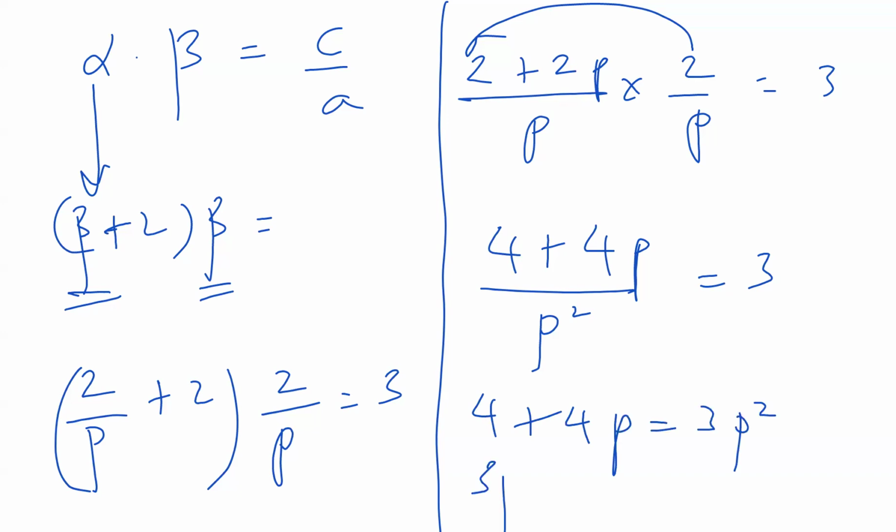So 3p square minus 4p minus 4 is equal to 0.